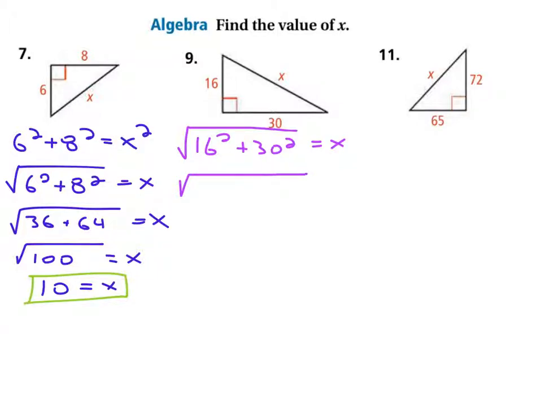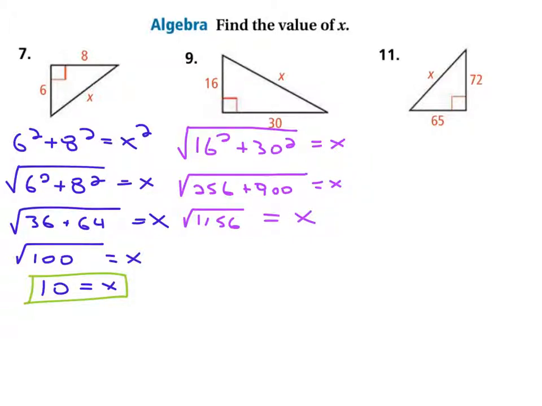And then say, what is 16 squared? 256. What is 30 squared? 900. And then we add them together and we get 1156, and x is the square root of that.